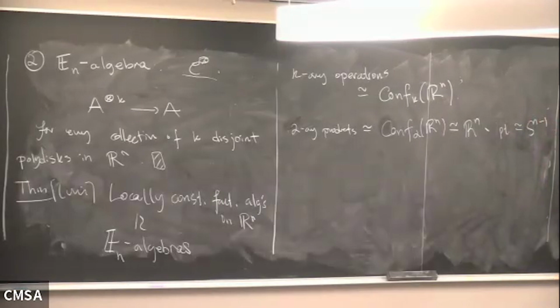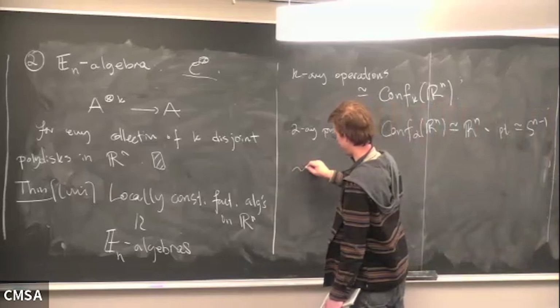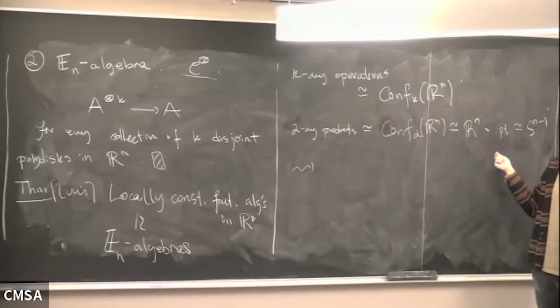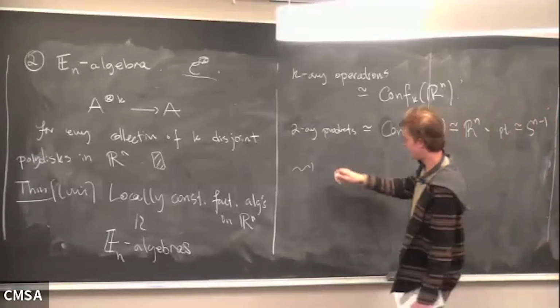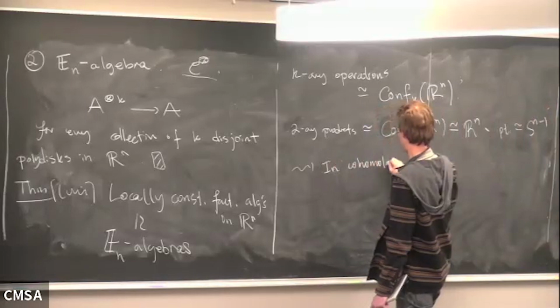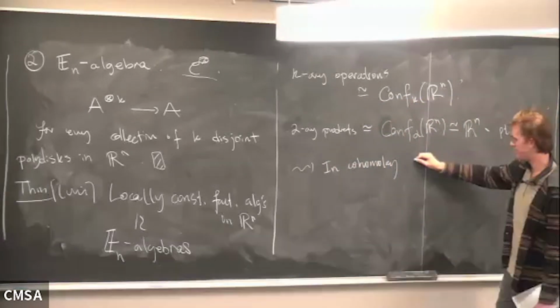So the two-ary operations in an E_n algebra, at least in cohomology, are parameterized by the (n-1)-sphere. What that tells me is that in cohomology, I have two operations.